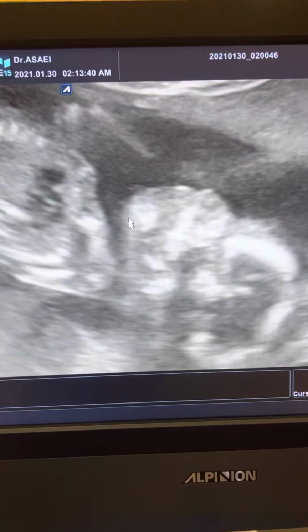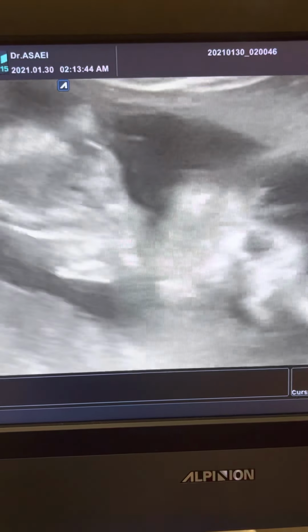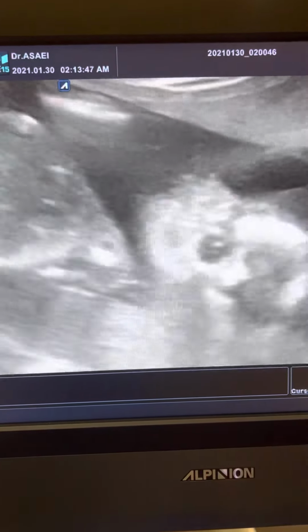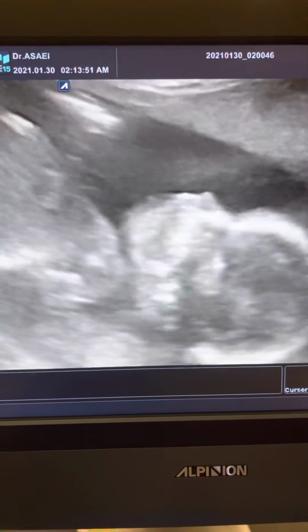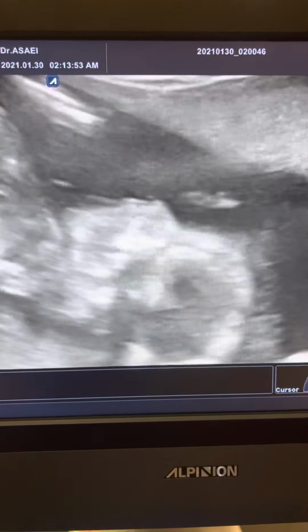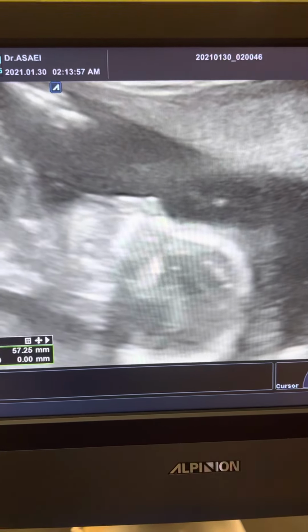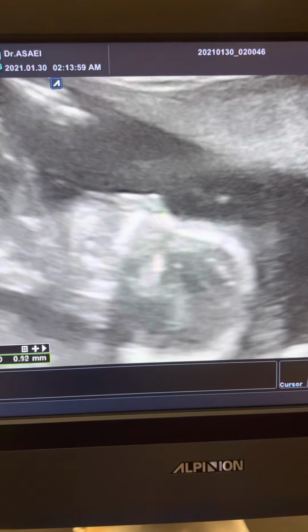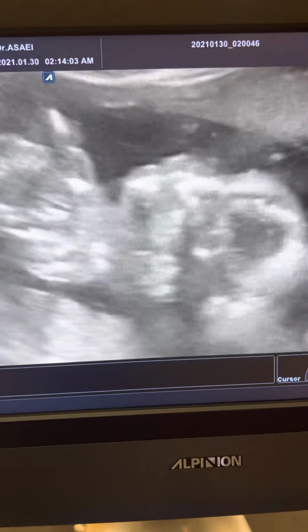Here is the chin, to rule out any micrognathia or any other problem. Measuring the nasal bone is important in profile position, as Down syndrome patients have small nasal bones.